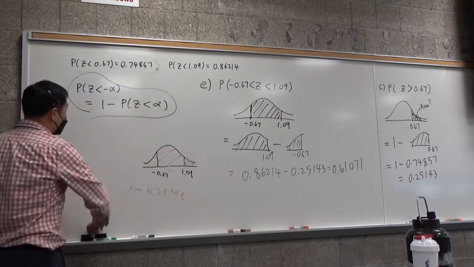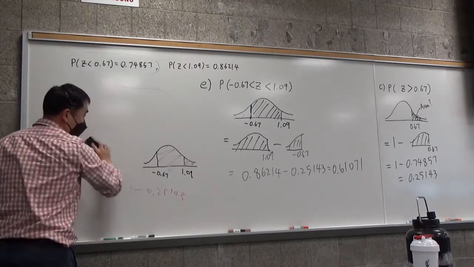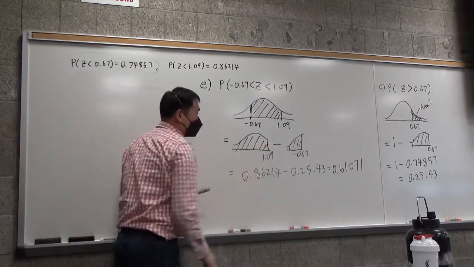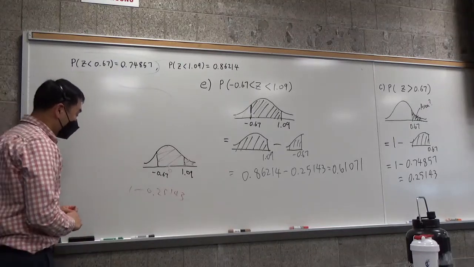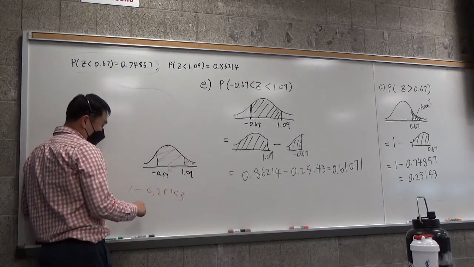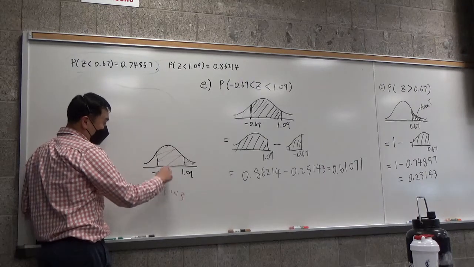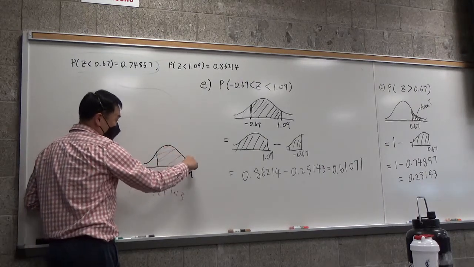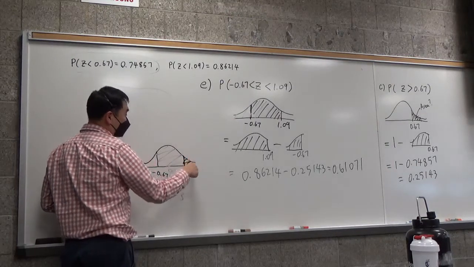And then another comment I wanted to make from here is that there are actually a lot of different ways you can get the same answer. One way would be to do this. If you subtract 1 minus 0.25143, this will be this area. And from here, you can get rid of this one. Well, how do you get rid of that one?